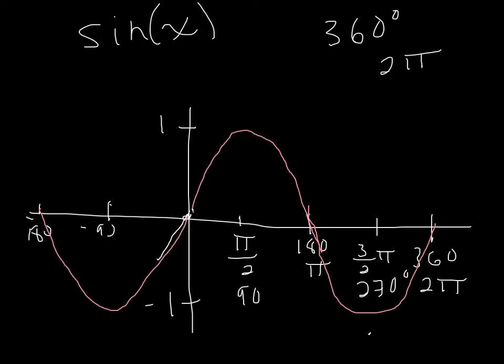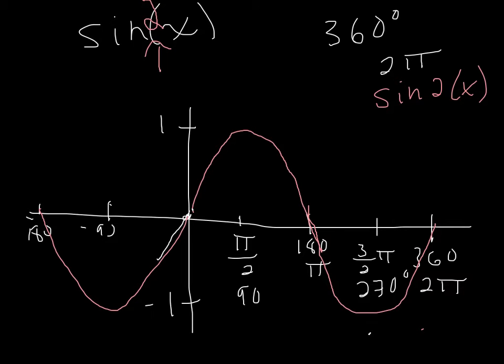Now some of you are asking, what happens if you put a number right here? This probably won't come up on the test, but say they put a 2 here. Alright, so it becomes sine 2x. That affects the period. So you basically take the period and divide it by 2.